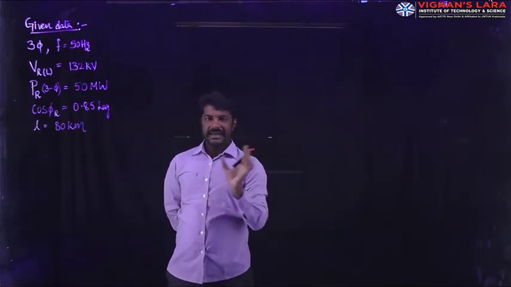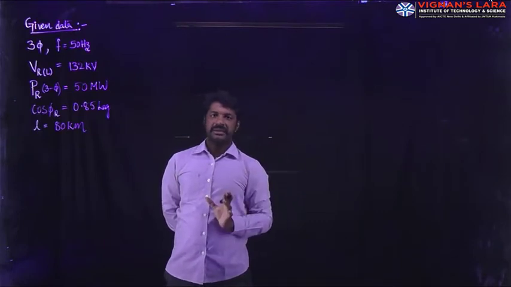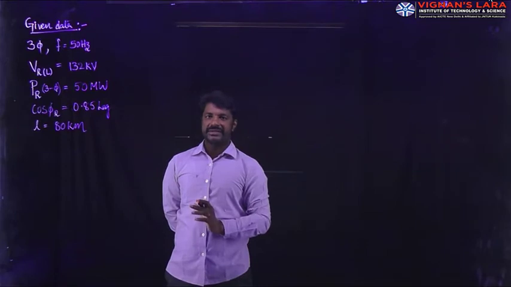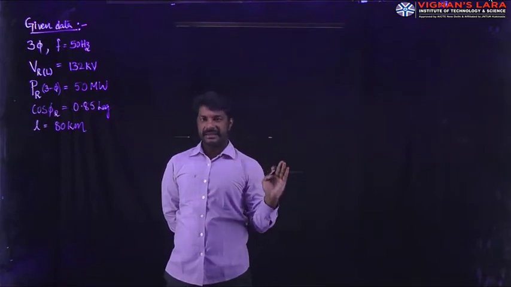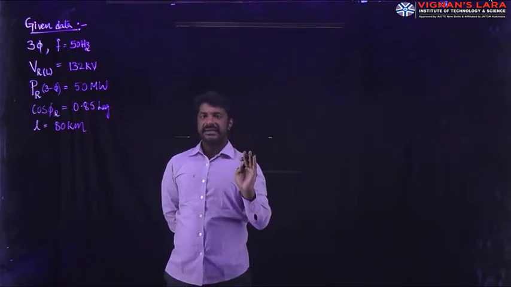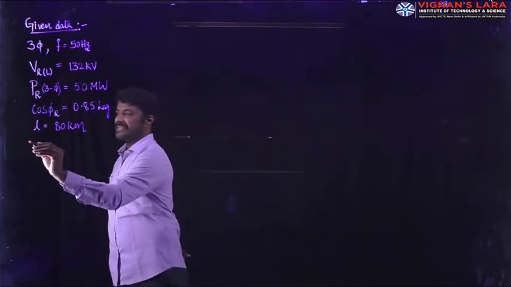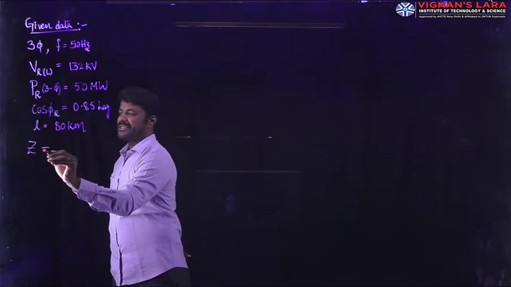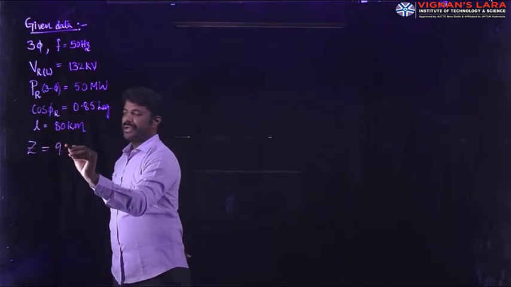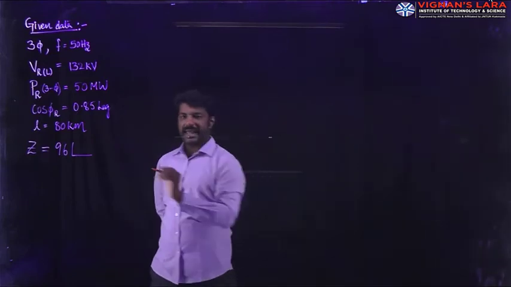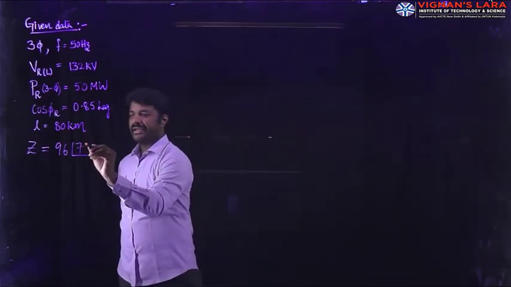For this entire length of 80 kilometers, the constants are given, called transmission line constants: resistance, reactance, and shunt admittance. The series element, capital Z, is 96 ohms at an angle of 78 degrees.